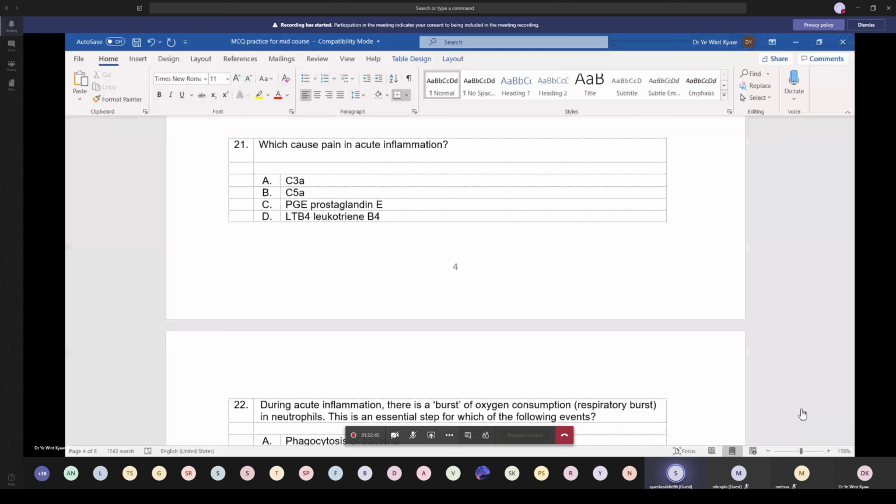Isn't it C? Prostaglandin E. If you think it through, okay. I will not tell because this is very easy and you should know. If you are doubtful, you can search on media later and tell the answer to the others. Okay, quite easy, so I will move on.